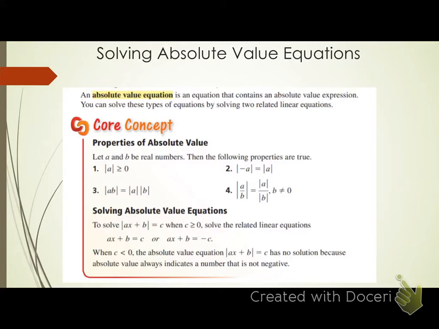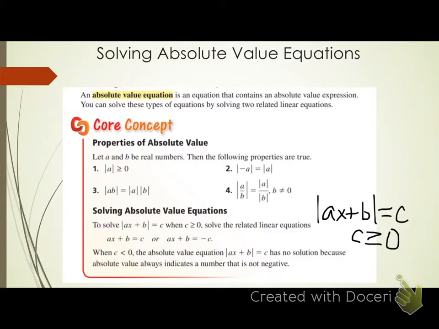To solve the absolute value of AX plus B equals C when C is greater than or equal to 0. So that's saying C needs to be what? Greater than 0, so it needs to be a what kind of number?